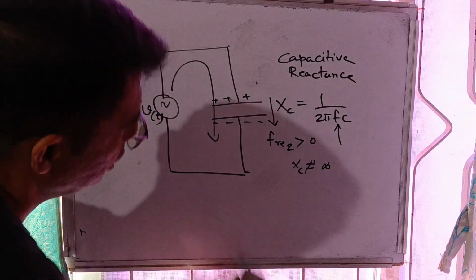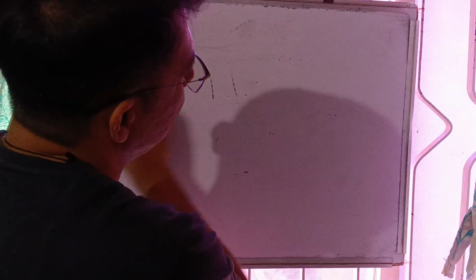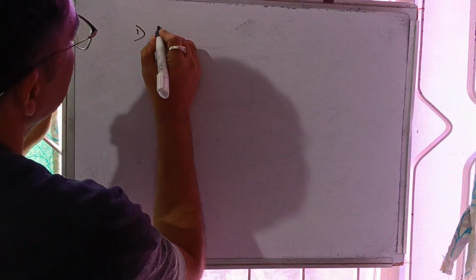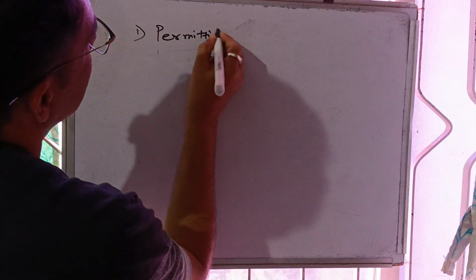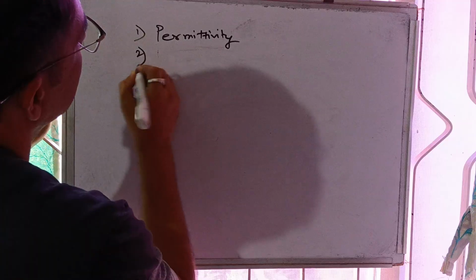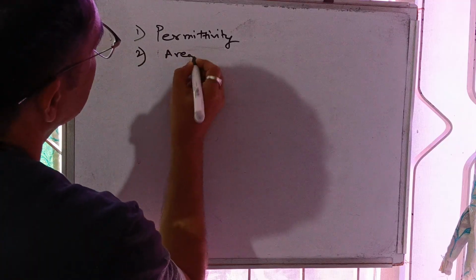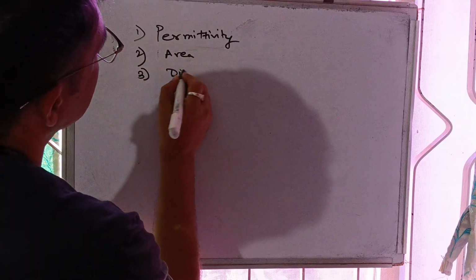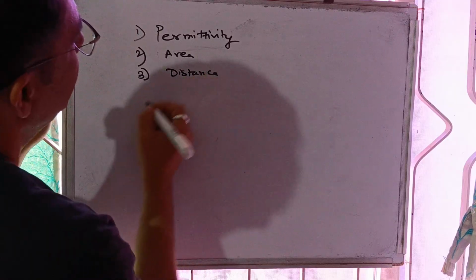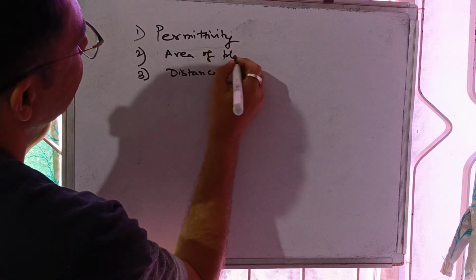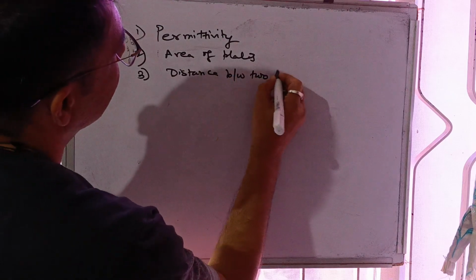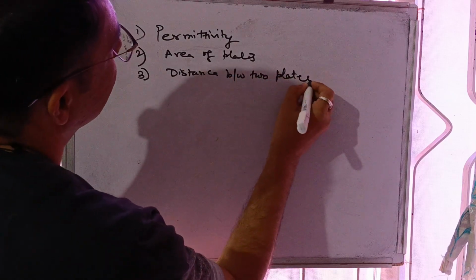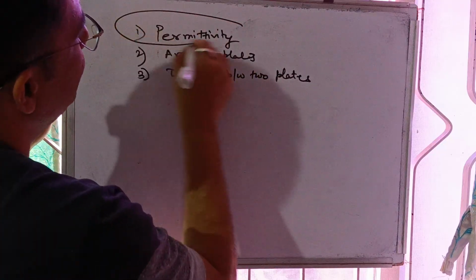So the most important points you need to remember are, number one, the permittivity, then the area of the plates, and the distance between the two plates, because these play a very important role.